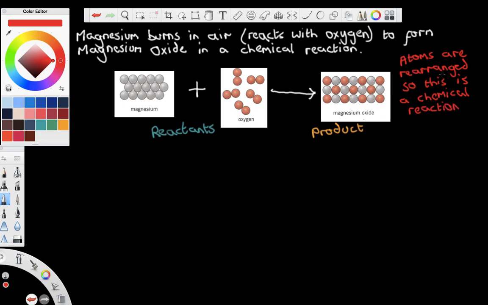Okay? Now, when magnesium is burnt in air, it gives off a white flame and lots of thermal energy.